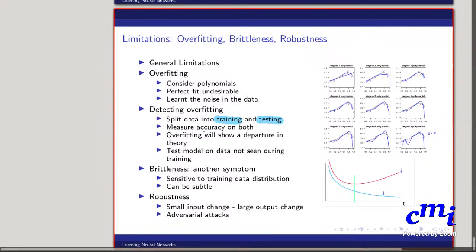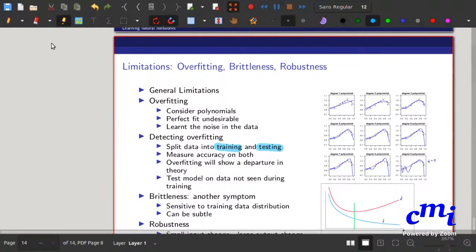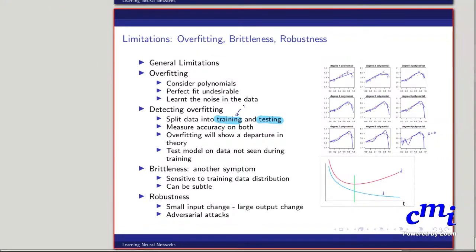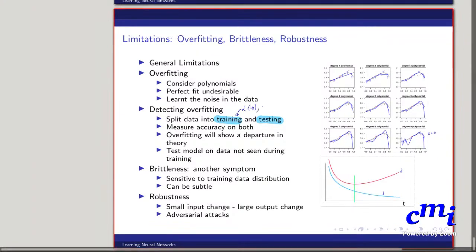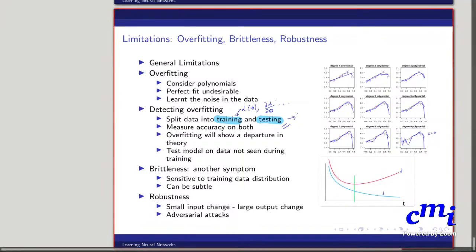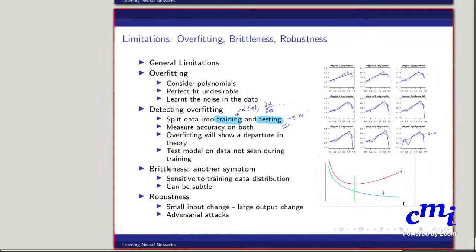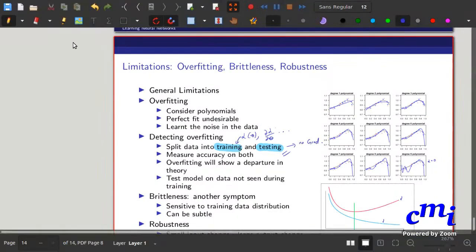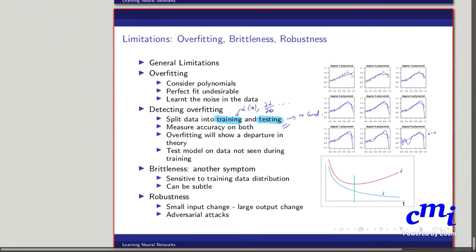And then what we do is that on this training data set, we will do gradient descent. So when we do gradient descent for training, this is where we calculate L(θ) and ∂L/∂θ, and so on, right? We will not calculate gradient descent with respect to the testing set. But what we will do is keep measuring the accuracy with respect to both of them, right?